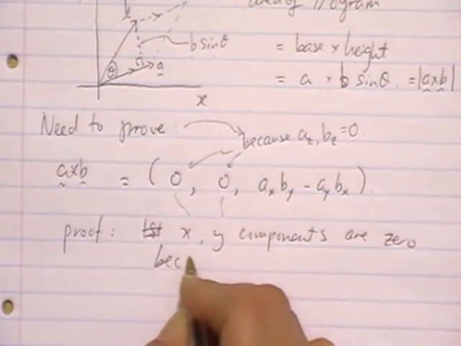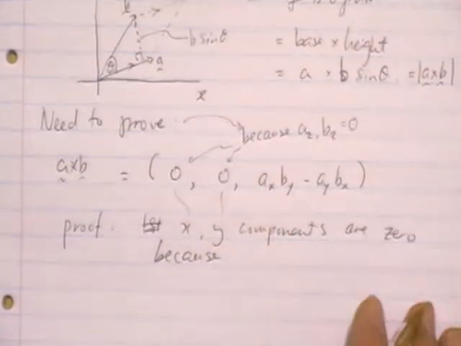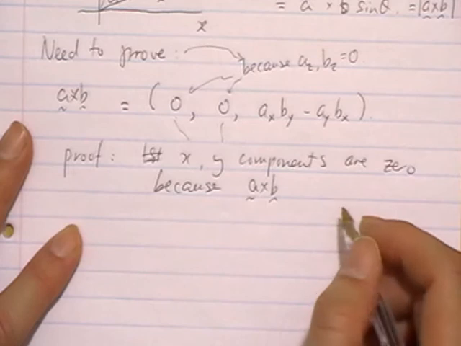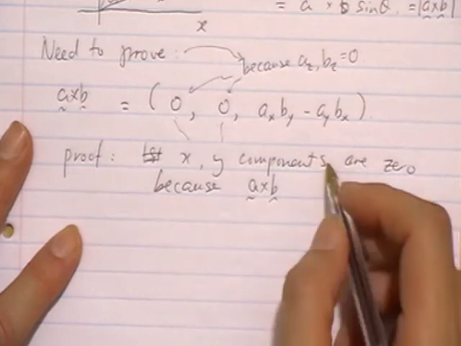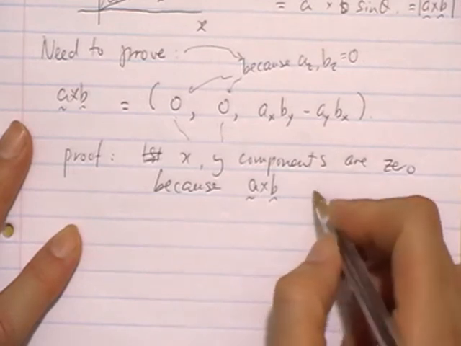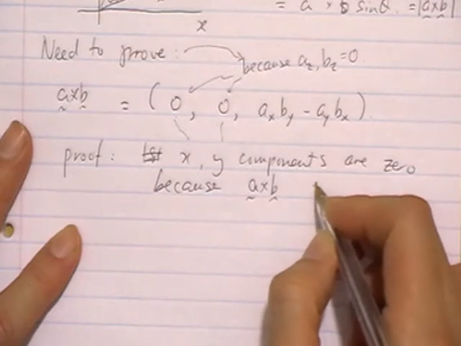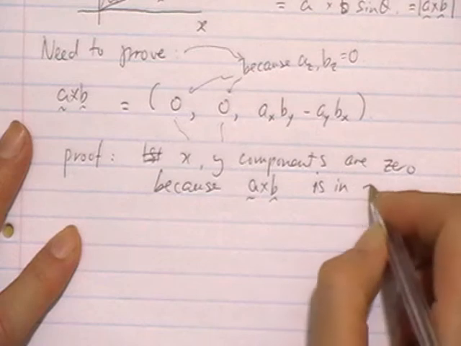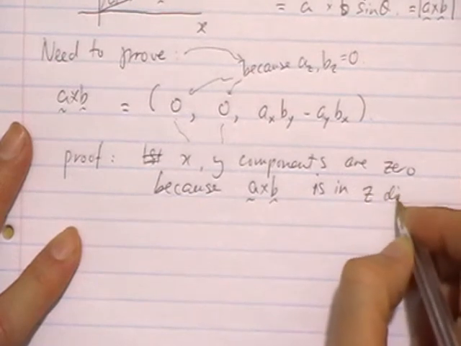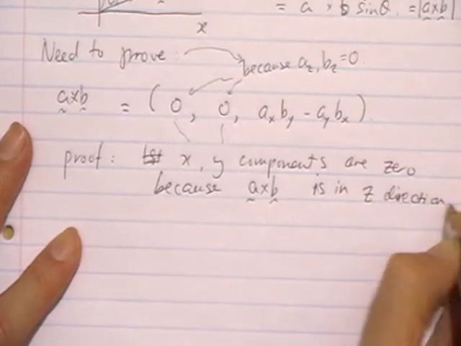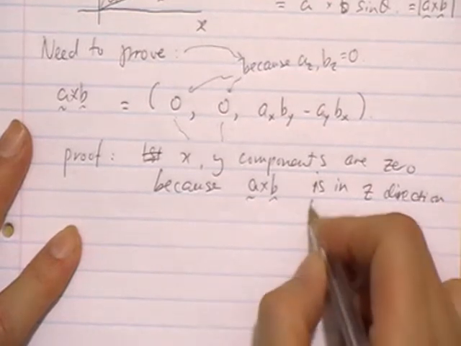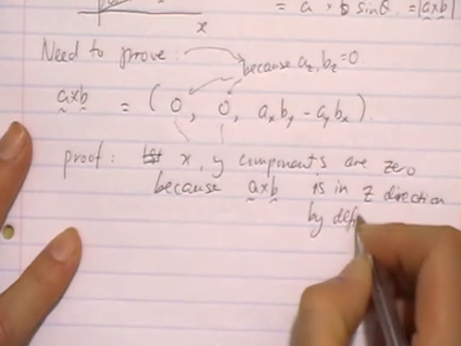Because A cross B is in the Z direction, by definition.